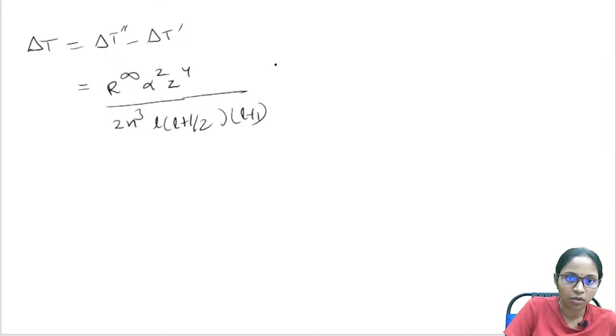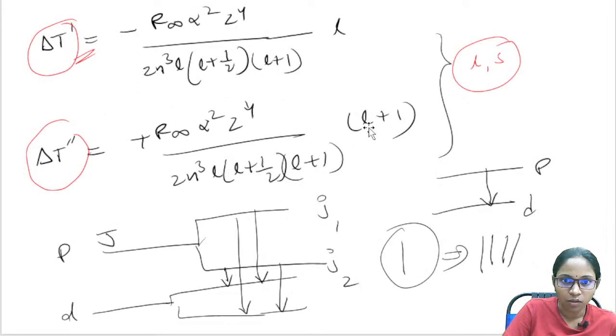Now I am subtracting delta T prime from delta T double prime. Therefore here we will have L plus 1 minus L.